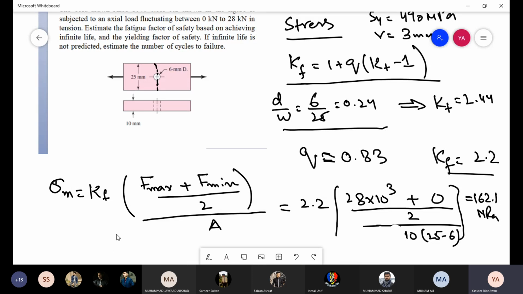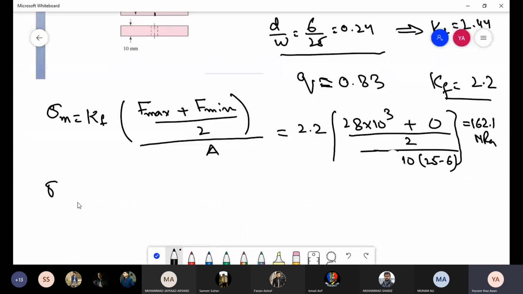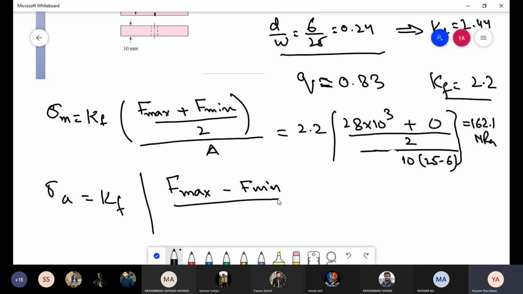Now, alternating stress you find by F max minus F min divided by 2A, and for repeated load, obviously this would be the same as 162.1 megapascal.